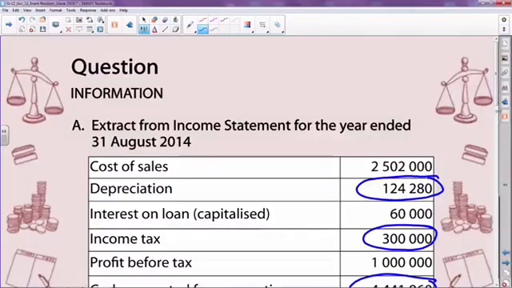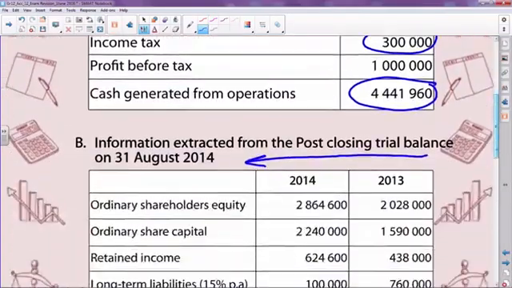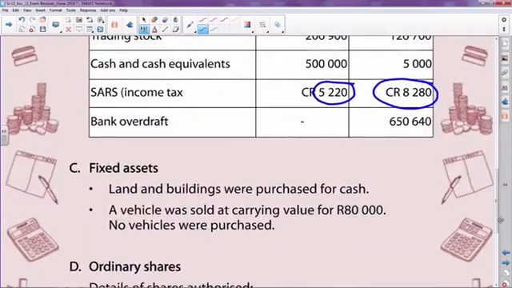Was there a disposal? Let's check. I'm told that a vehicle was sold at carrying value for 80,000 Rand. No vehicles were purchased. But we do know that land and buildings were purchased for cash. No figure is given.